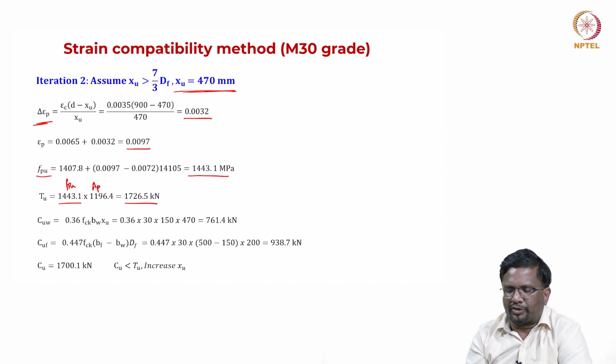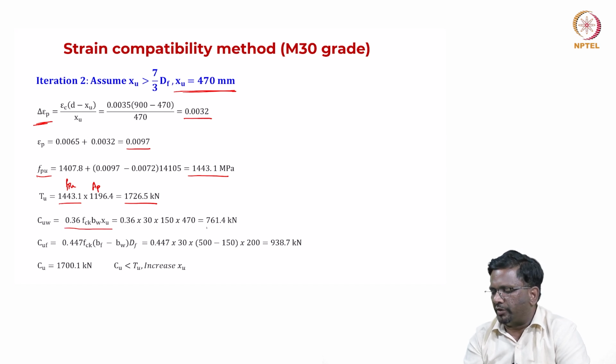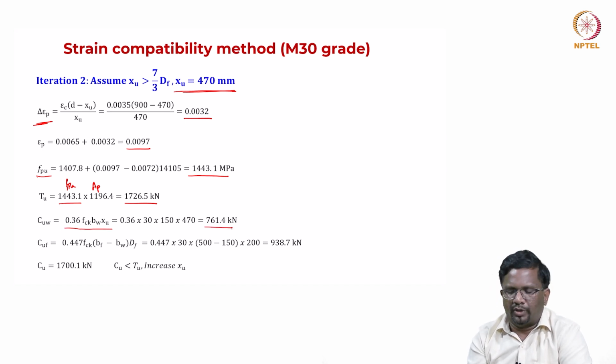Now, in compression force what we are trying to do is we are decoupling them into two things. One is treating the entire section as one web and the outstanding flanges as a separate thing.